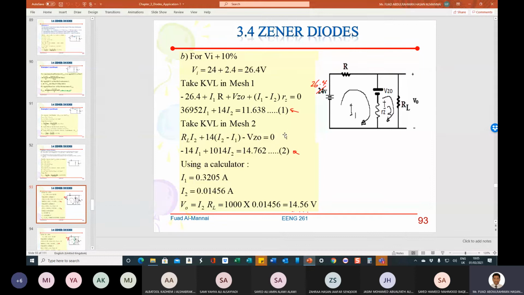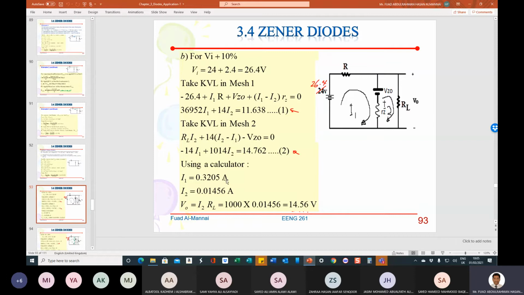How are you going to do that? Use your calculator to solve this. Your calculator will give I1 equal to 0.3205 amp, and I2 is equal to 0.0145 amps. Our concern is we need to find I2.